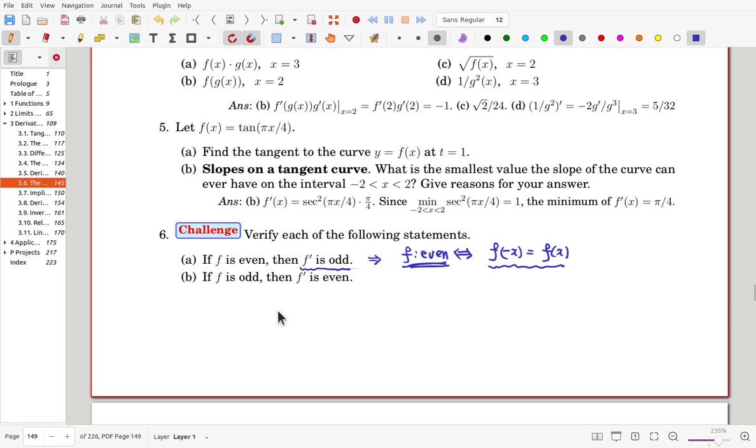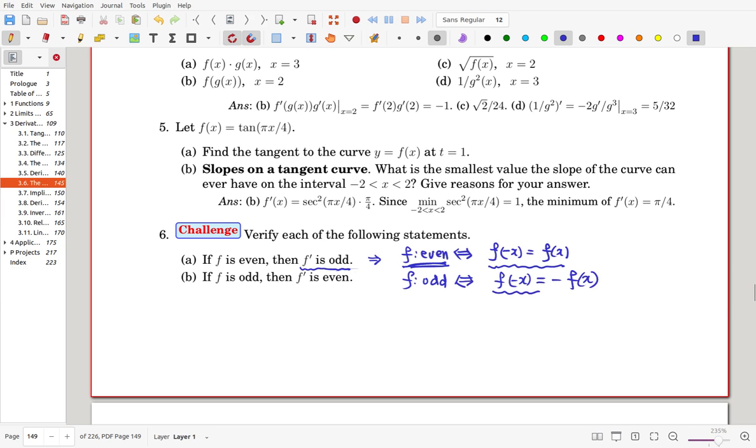Again, now f is odd. For that one, f is odd. That is the same as, in definition, f at minus x is the same as negative f of x.